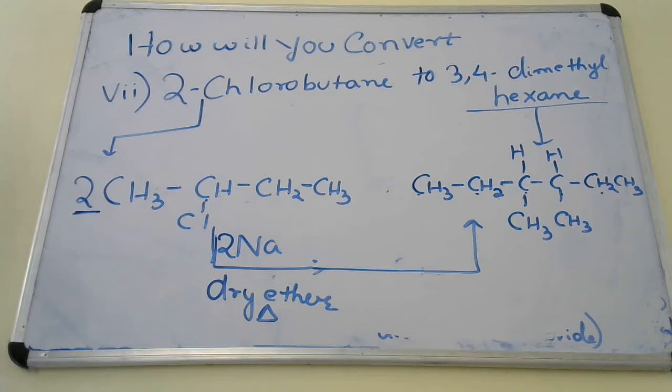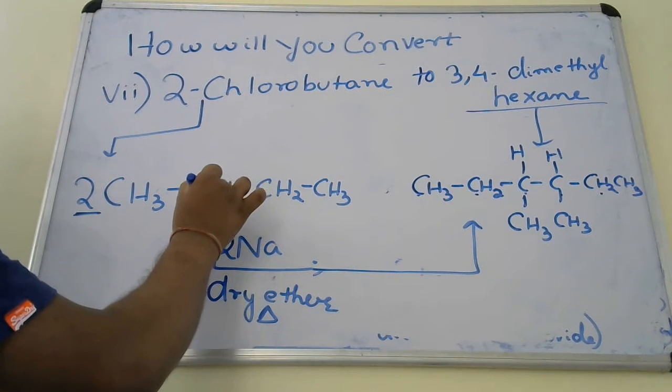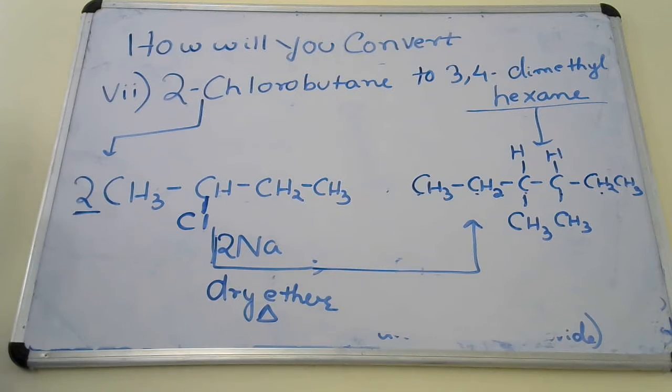So this is how 2-chlorobutane is converted into 3,4-dimethylhexane. You see here there is branching at the position where halogen is attached.